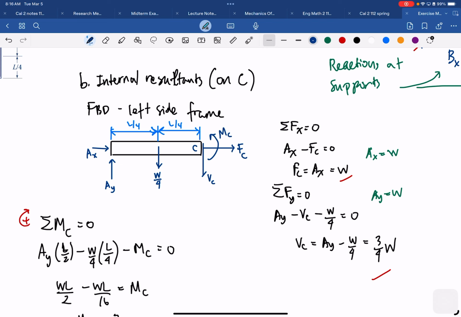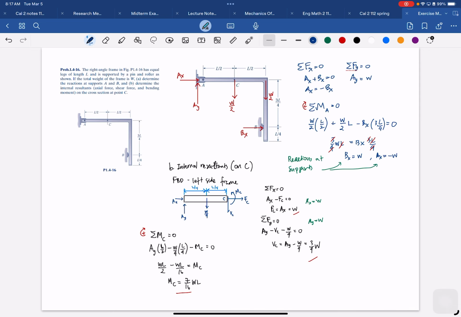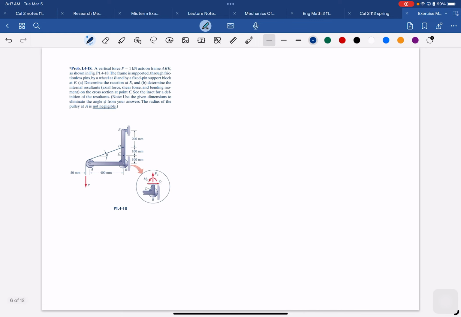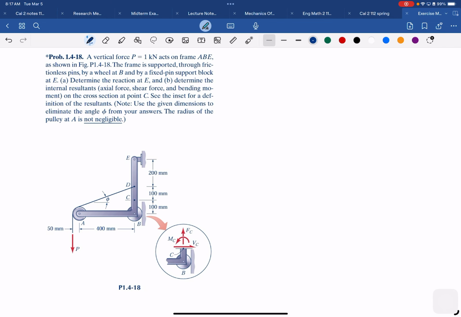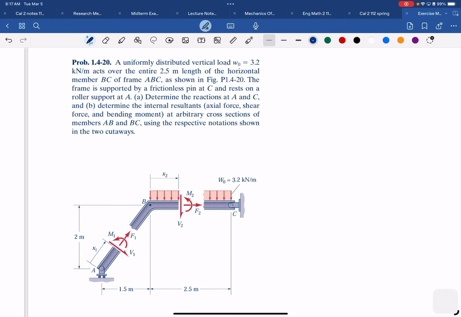Chapters 2 and 3 will be the focus for the midterm. So that's the chapter 1 review, and you could do the same thing here. I hope you work well with the other numbers like this one. Please work on this number and this one also.